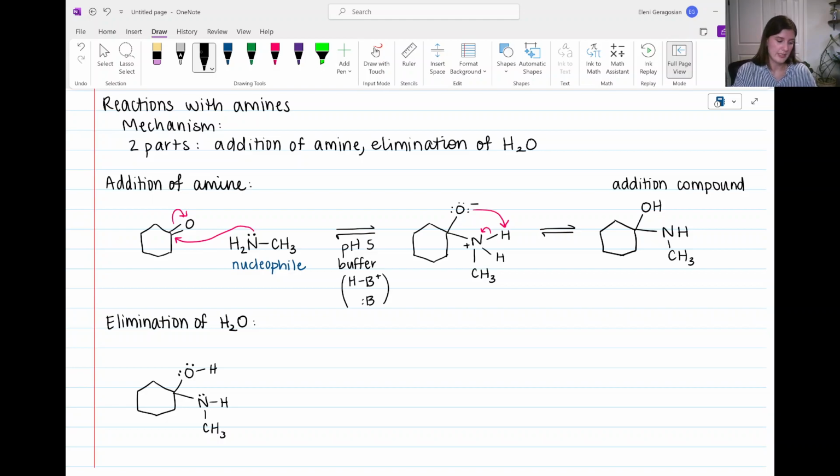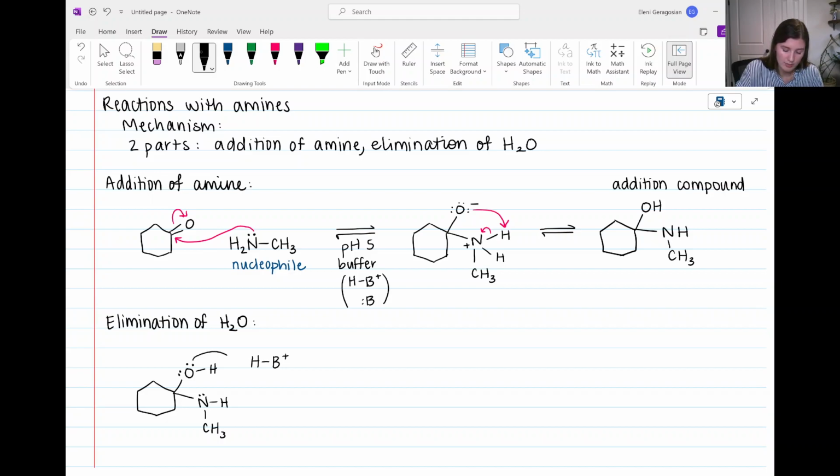The final product is that imine. We have a double bond between the carbonyl carbon and the nitrogen. And so we can create that double bond by the loss of water. Now with the buffer solution, we have both acid and base present. So I will write that generic acid molecule HB+.